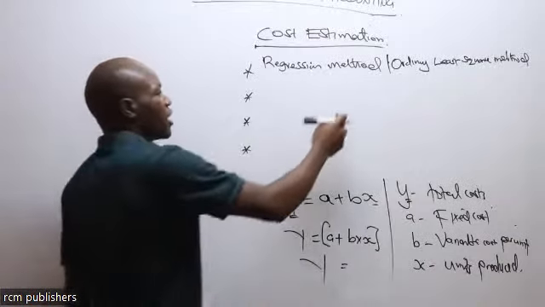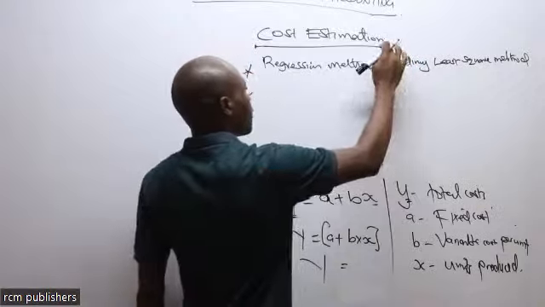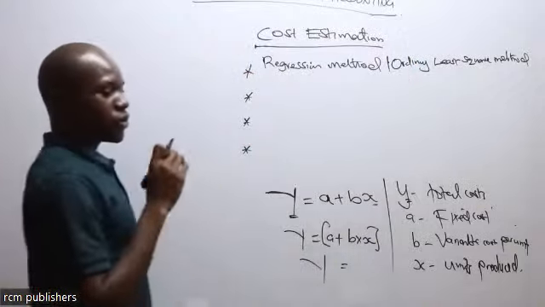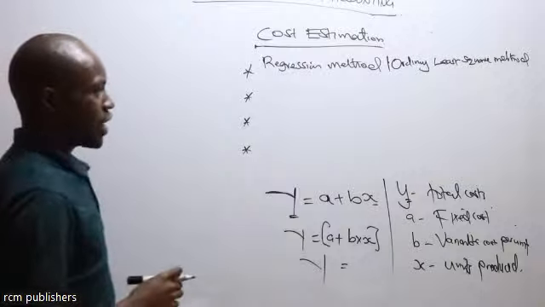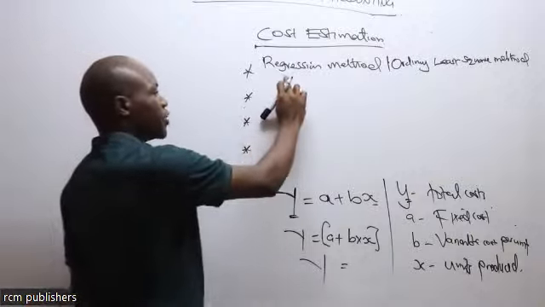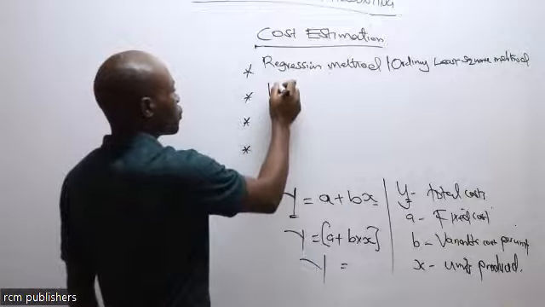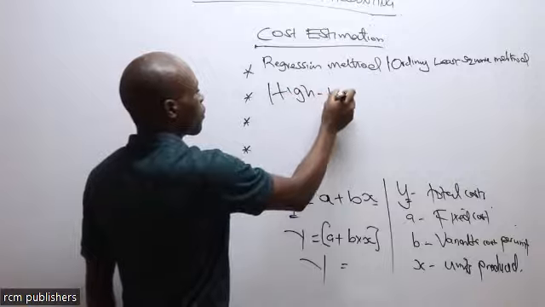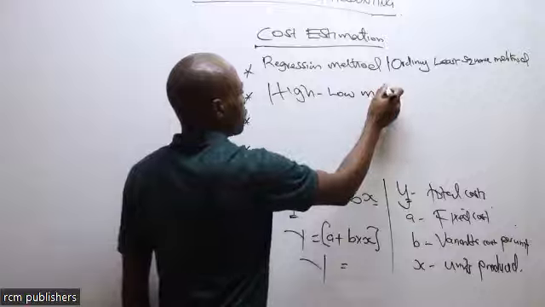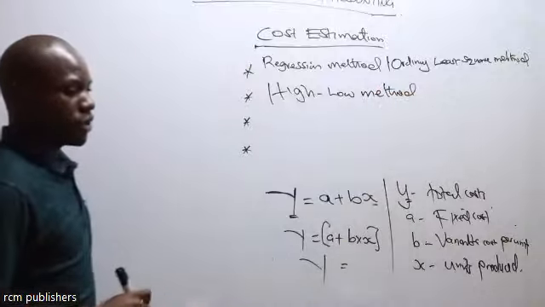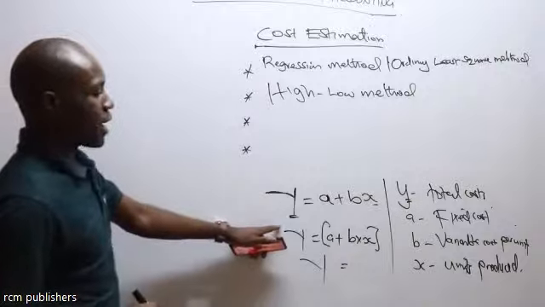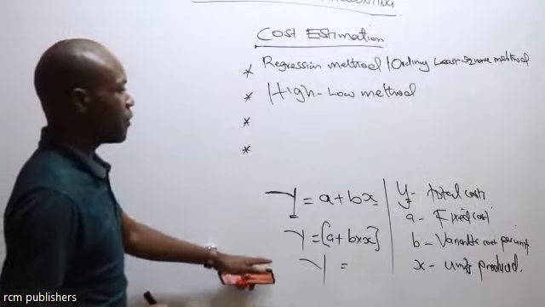So if you get the ordinary least square method, somebody somewhere will be saying that we were not taught that. It is the same as the regression method. We are going to use what we call the high-low method. We are going to apply the high-low method to also help us arrive at this particular function.